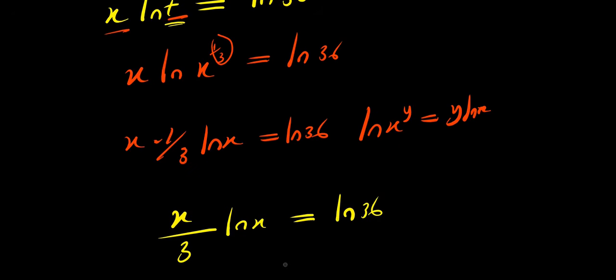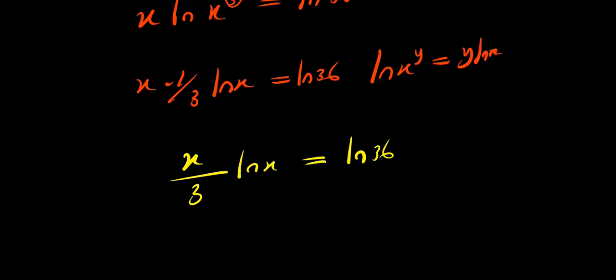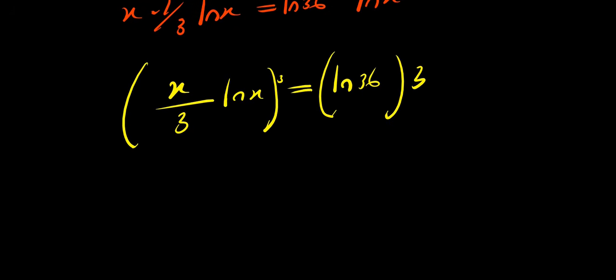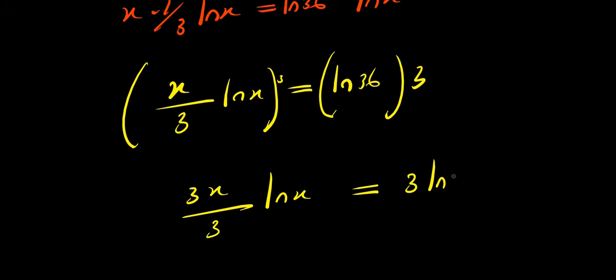So what do I do? I need to eliminate this. So I can multiply this by 3 and also multiply this by 3. If I multiply this by 3, I'm going to have 3x over 3, that will cancel out. This is 3x over 3 times natural log of x equals 3 times natural log of 36.